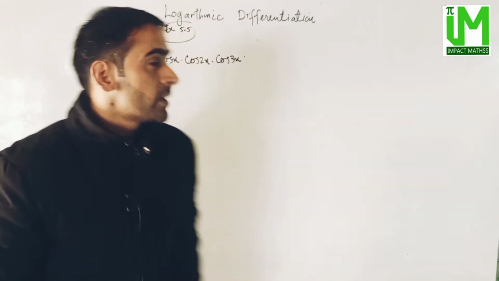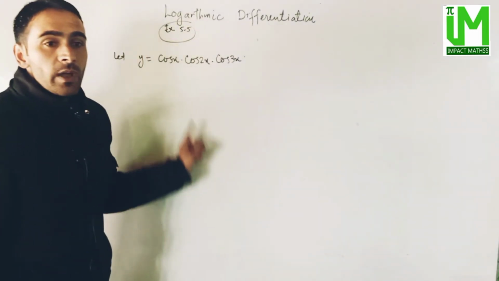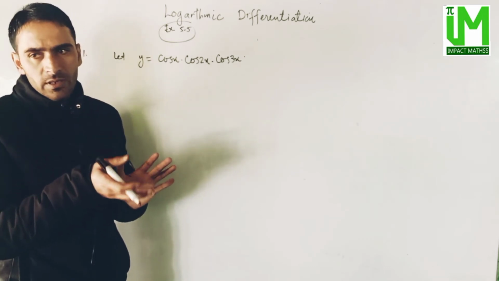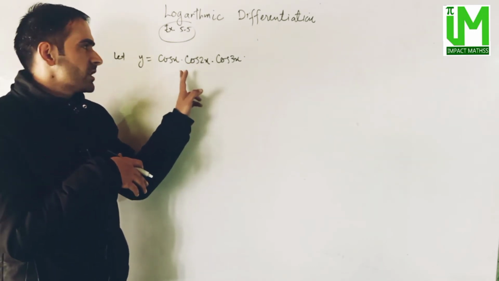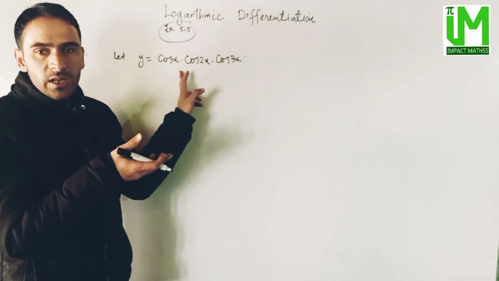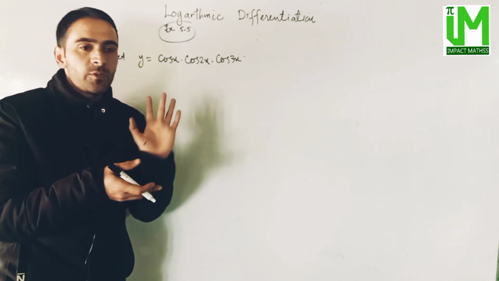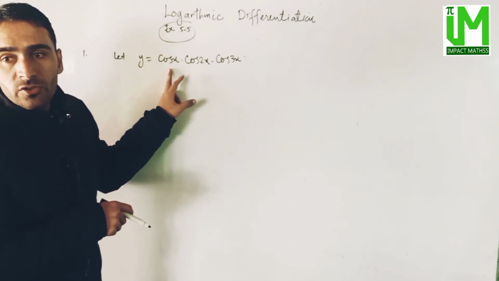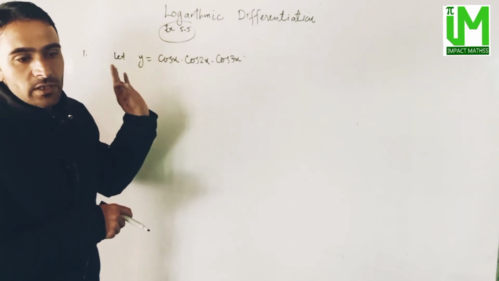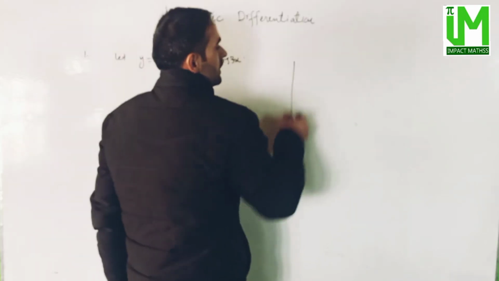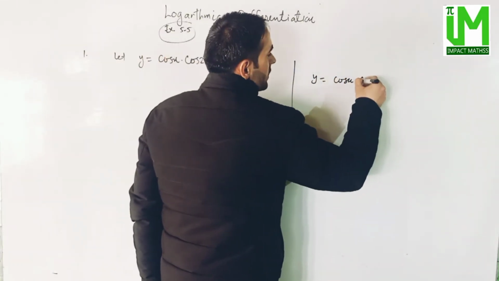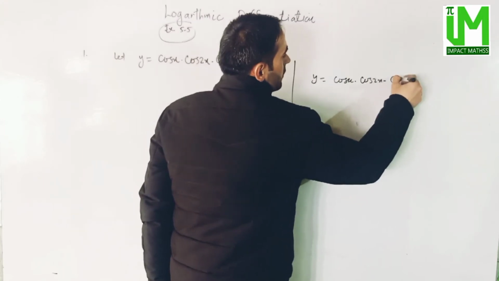Although this function is not of the type variable raised to the power of a variable or function raised to the power of a function, if we solve this without logs, if we differentiate this without using log, then we will have to write y is equal to cos of x into cos of 2x into cos of 3x.